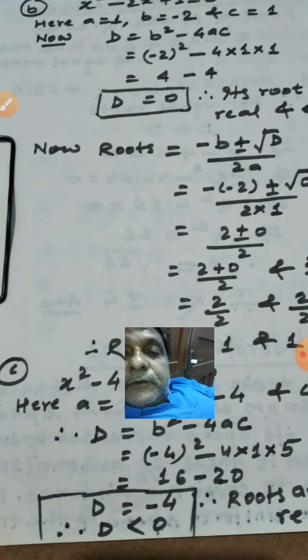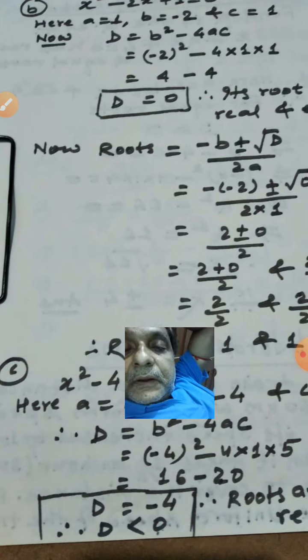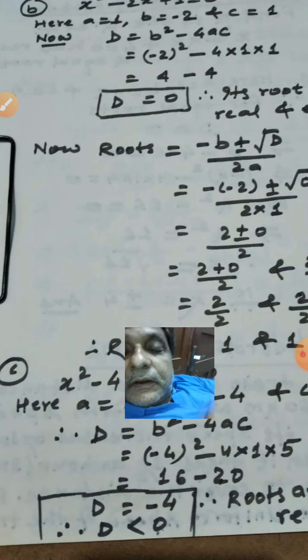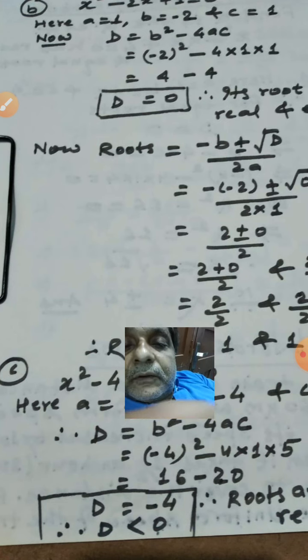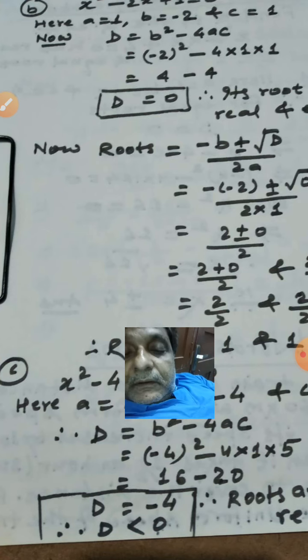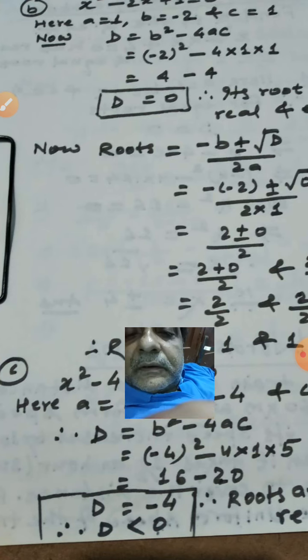So here you see one example is to determine the nature of roots for the given quadratic equation. Although the equation is cut off in taking the photo, it is actually x square minus 2x plus 1 equal to 0.